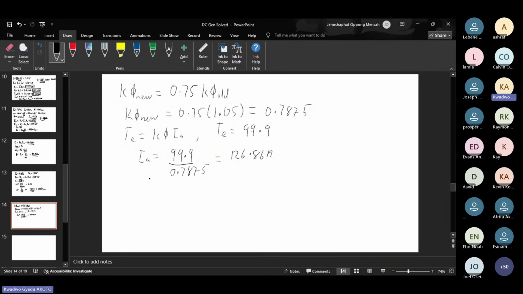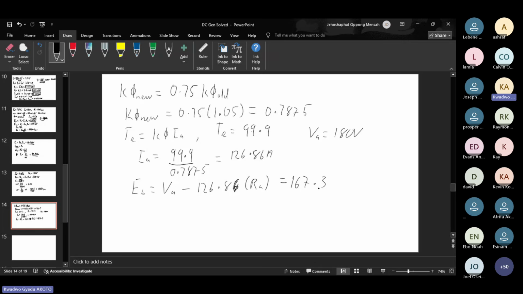We have EB is equal to VA minus 126.86 into bracket RA. Keep in mind, we are still using VA to be 180 volts, right? So substituting everything here, we are going to get EB to be 167.3, right?